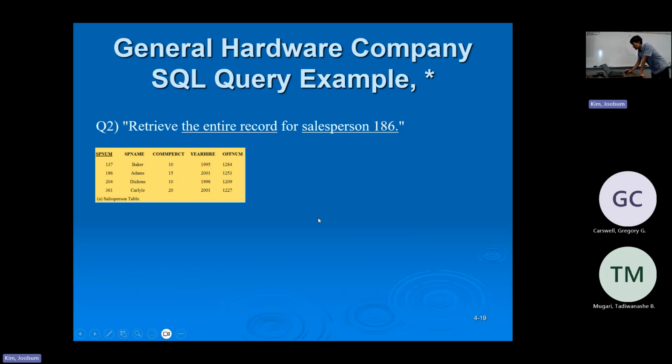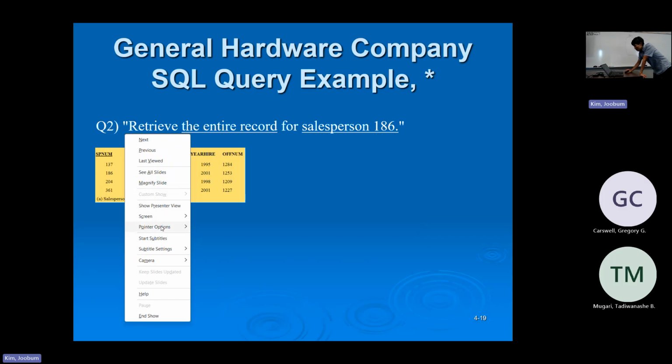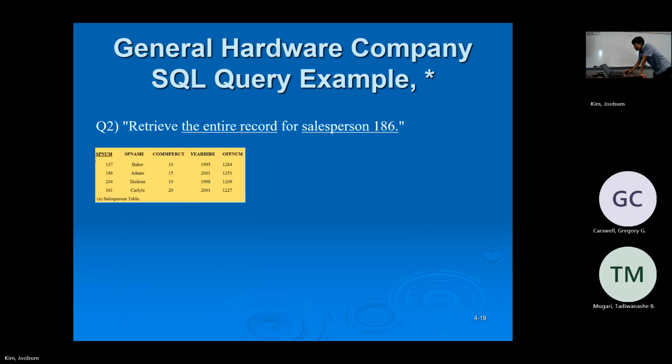In that case, if you want to get all columns, you can use the asterisk symbol, or in other words, we can type all the column names like that.